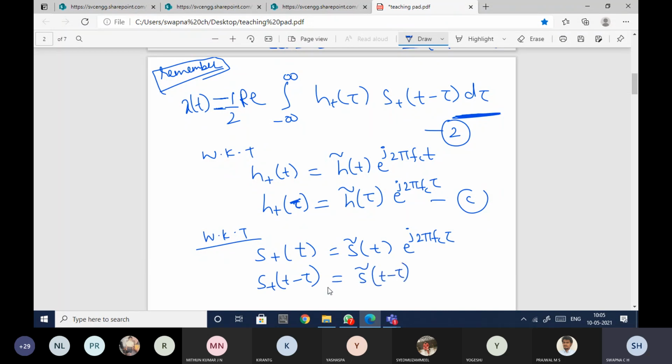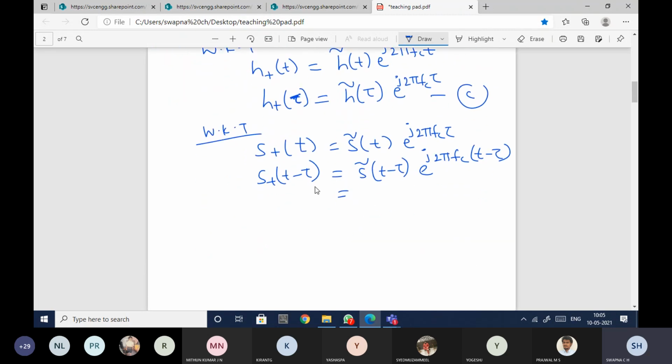Wherever I have t, I need to replace it with t minus tau. So it will be e power j 2 pi fc times t minus tau. Let me simplify this. So it will become s tilde of t minus tau e power j 2 pi fct minus j 2 pi fc tau. This I'll name as equation D.